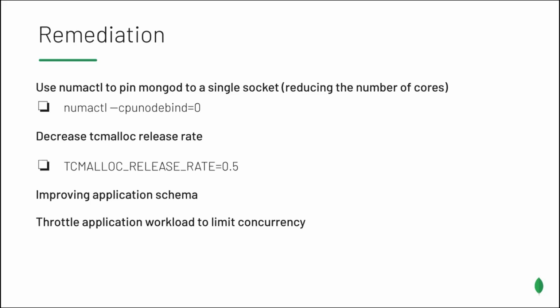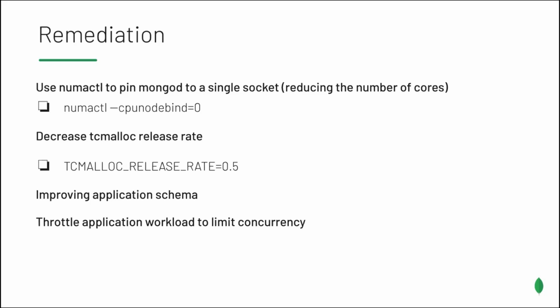Now, this is counterintuitive, but we can use numactl to pin mongod to a single CPU socket in this particular case. Since they are using a very small fraction of available CPU, having execution spread among multiple sockets is likely to be causing a negative scaling effect. And TCMalloc is one place where this can show up. We have reduced the number of CPUs being used, and this increases performance.